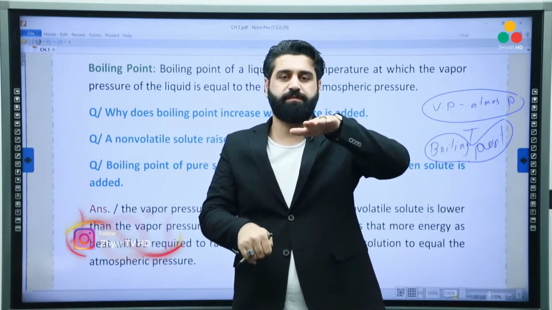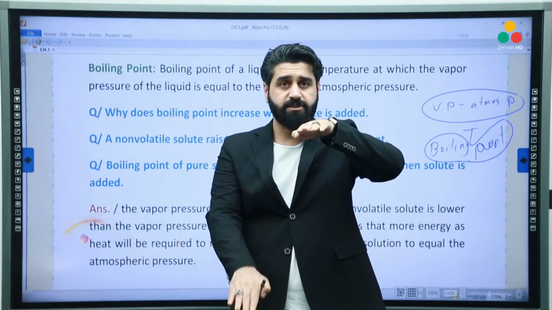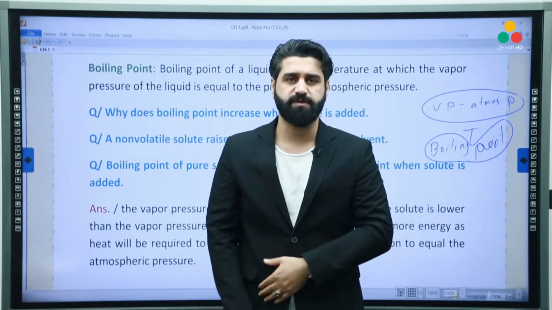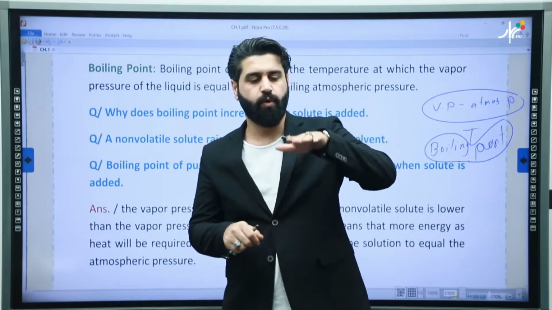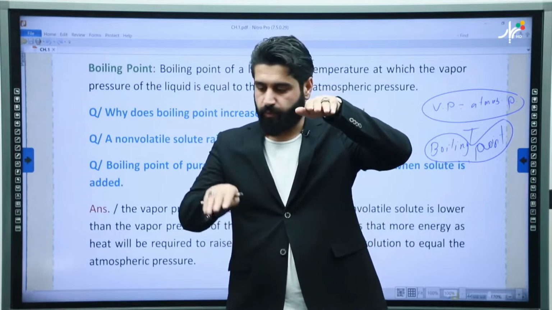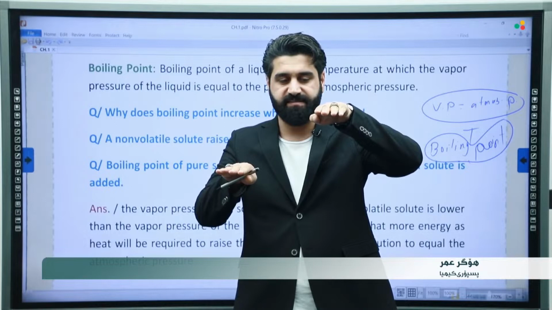If vapor pressure is low, it needs more energy to be equal to the atmospheric pressure. That's why we say it has a high boiling point. But what if the liquid has high vapor pressure itself?